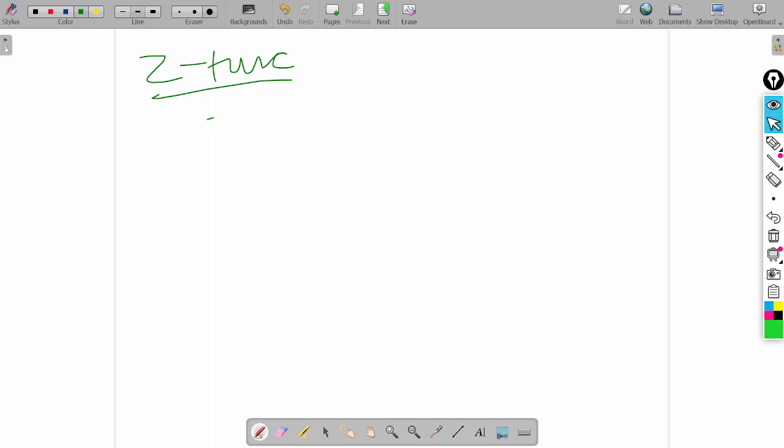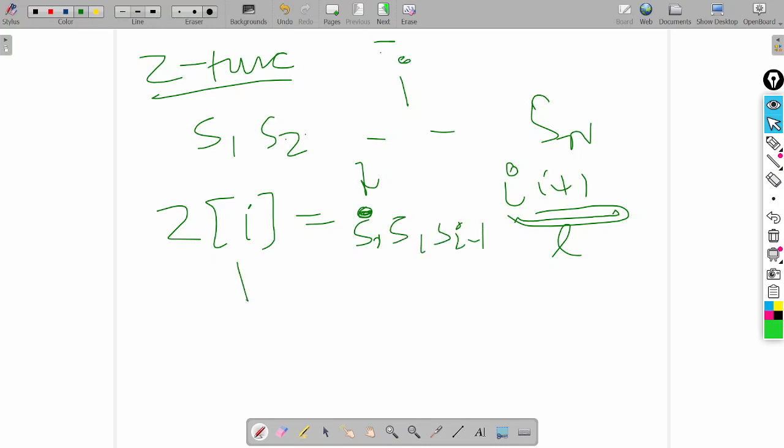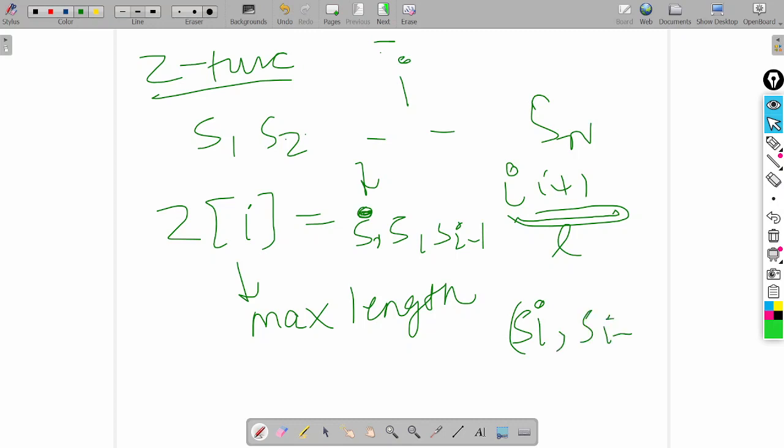If we are given some string s1, s2, up to sn, then we can build a Z array of size n, where Z of i represents the maximum length of the substring starting from i such that it is the same as the prefix, the substring starting from 0. That is, si up to si plus length minus 1 is the same as the string of that length starting from 0.